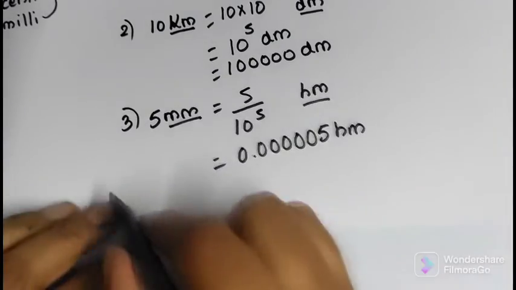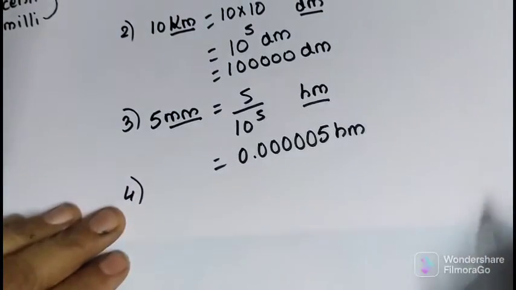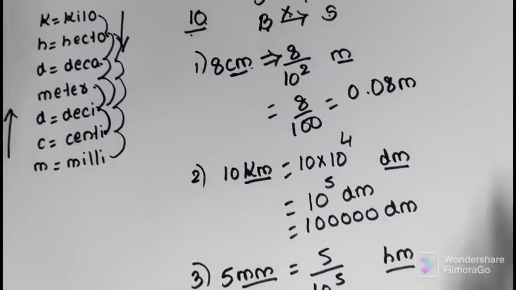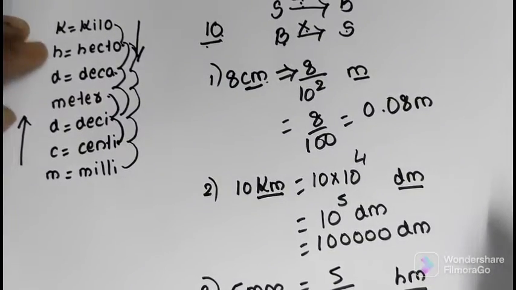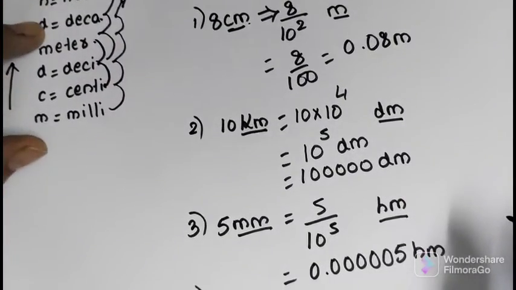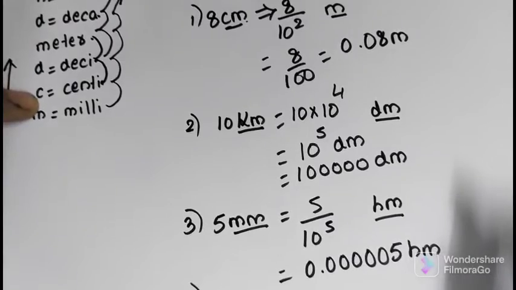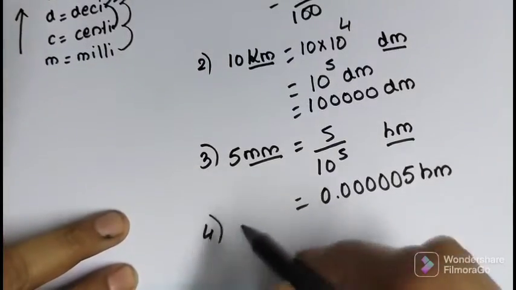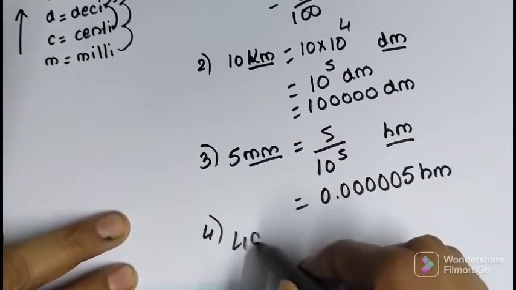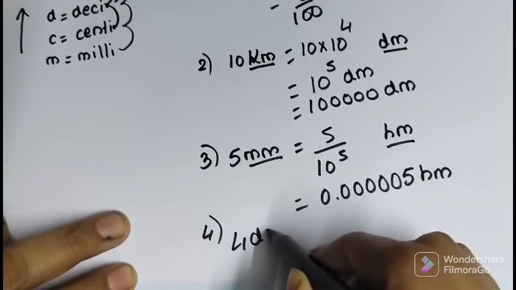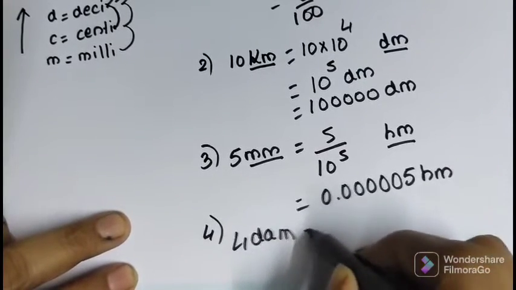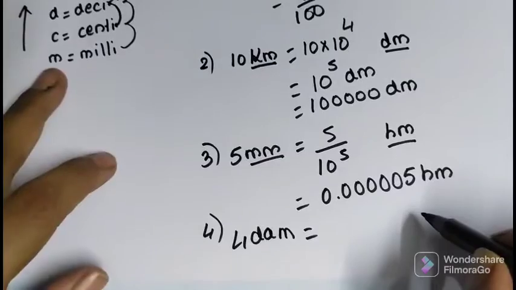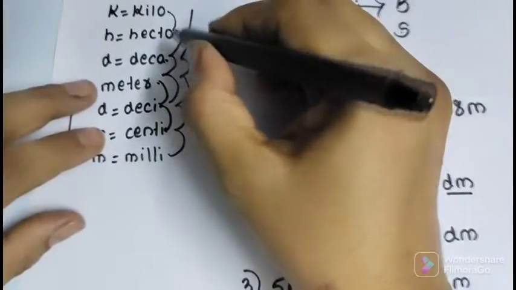Let me take another example, the last example. Let's take deca and convert it into milli. So let's take 4 deca, DA stands for decameter, equal to how many millimeter? Deca is here.